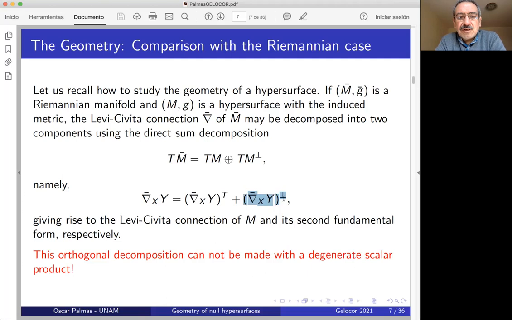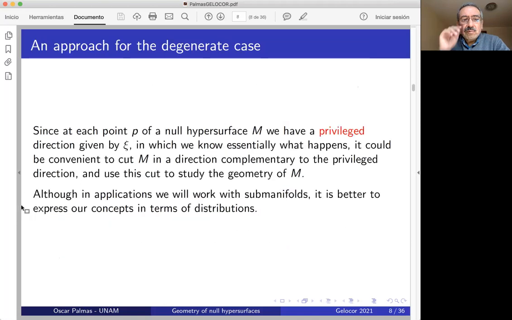In the degenerate case, we cannot do this procedure because, as said, the intersection of TM and TM perp is not 0. So we don't have this decomposition. So we have to do some additional work, which can be done as follows.